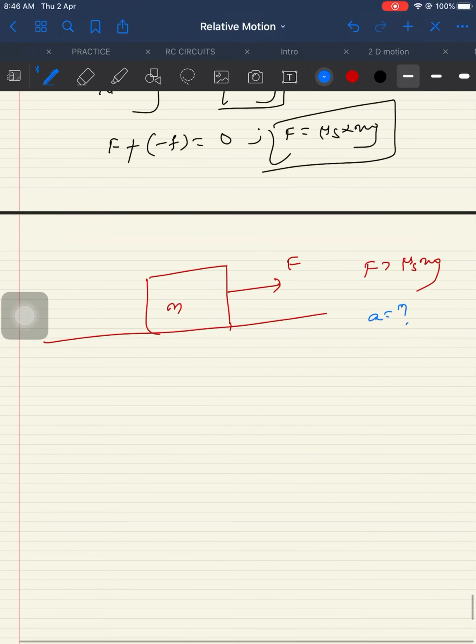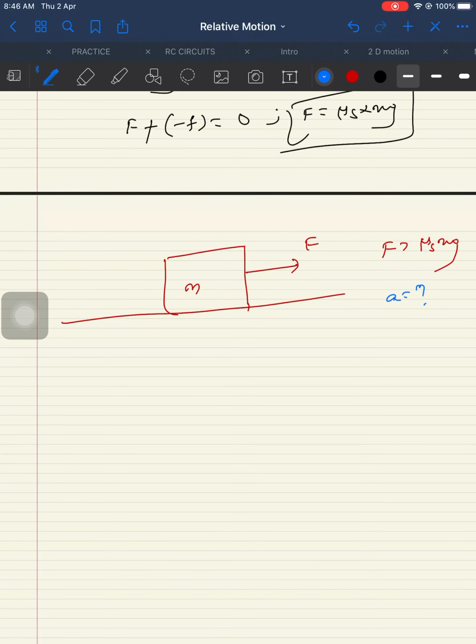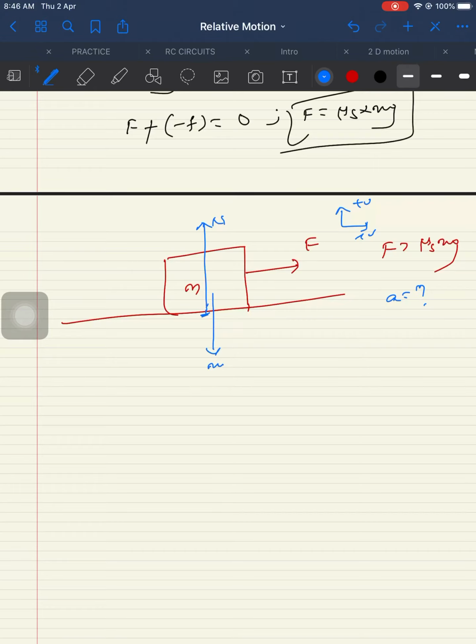So in this case it's very easy. Now again we draw the free body diagram. Positive, positive, and there is a normal from the contact surface, there is mg in the downward direction, and the friction is in the backward direction, kinetic friction.